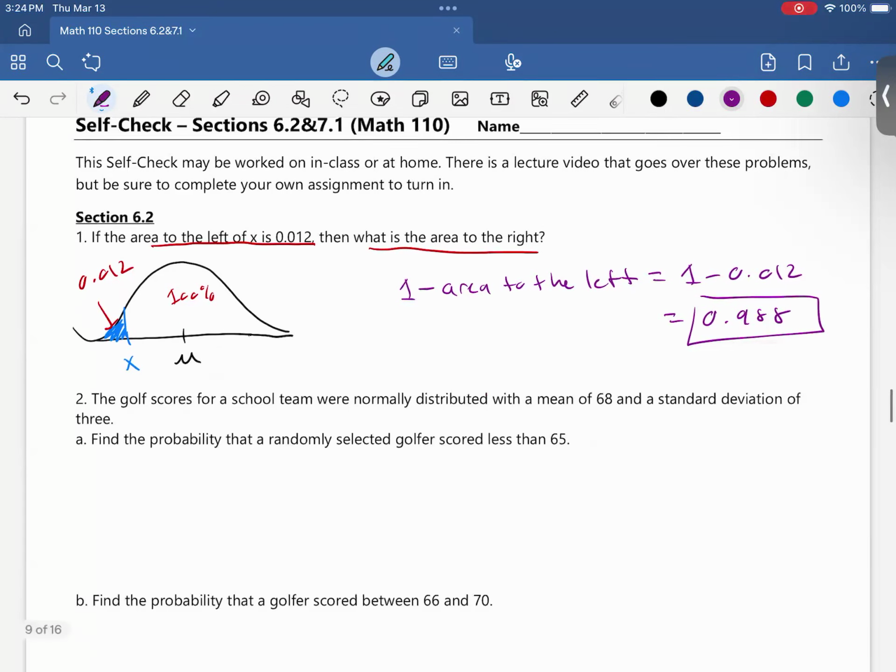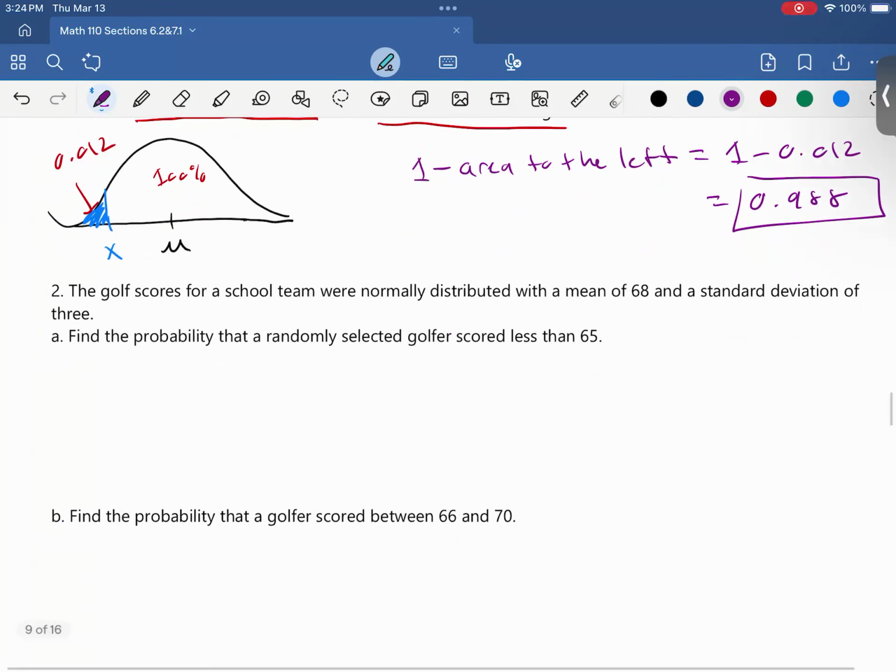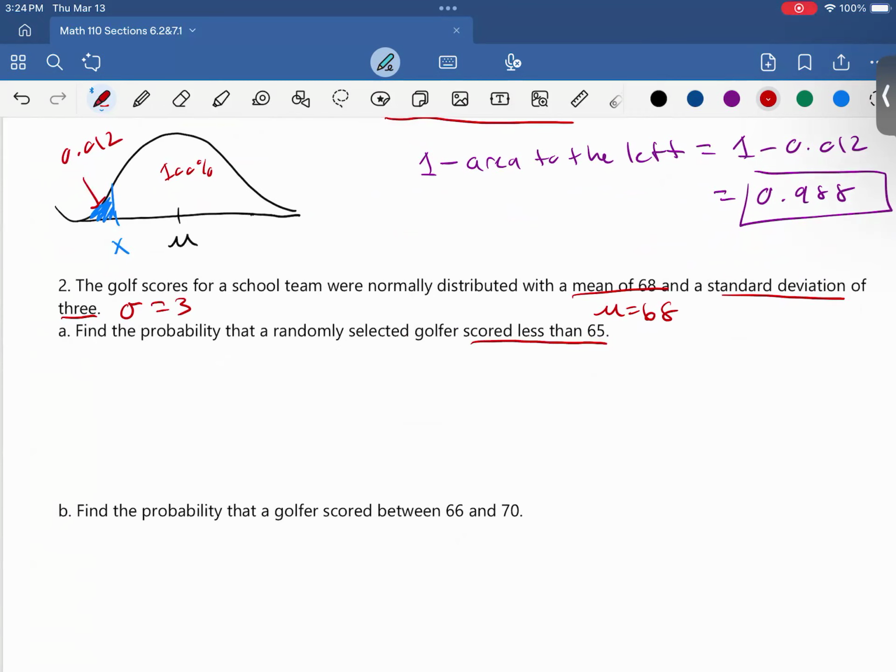Okay, let's go ahead and look at number two now. Number two states the golf scores for a school team are normally distributed with a mean of 68 and a standard deviation of 3. Find the probability that a randomly selected golfer scored less than 65.